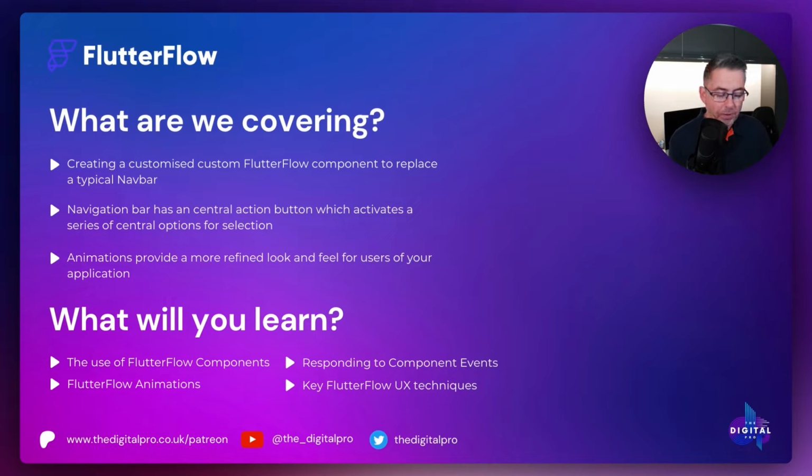This navigation bar has a central button that you can select, as I said before, and once you select that, these options will be presented, which the user can choose from, and then of course you can carry out whatever tasks you need to do once you've selected those options. We're going to be using animations quite a lot in this particular series, so if you're looking to learn animations within FlutterFlow, then this definitely is the right video for you. By putting animations into our FlutterFlow application, of course we're making it feel that much higher quality for your users to use.